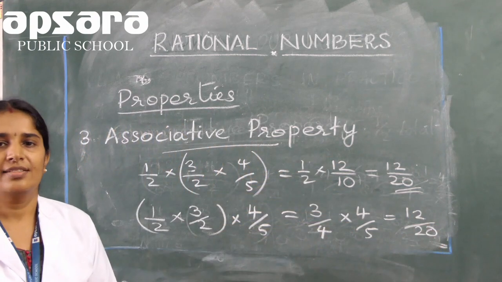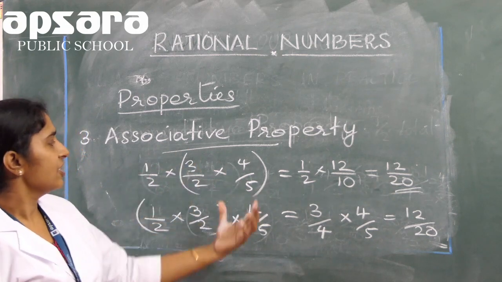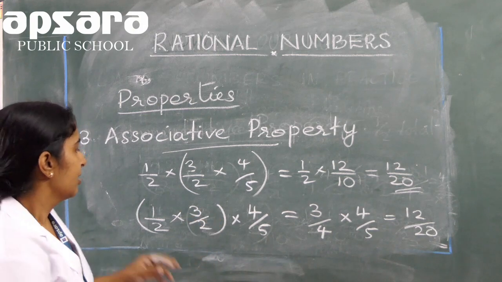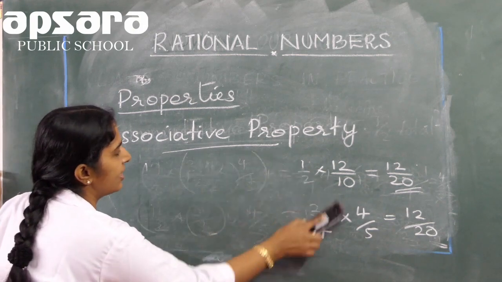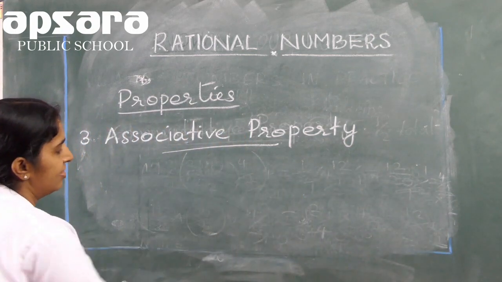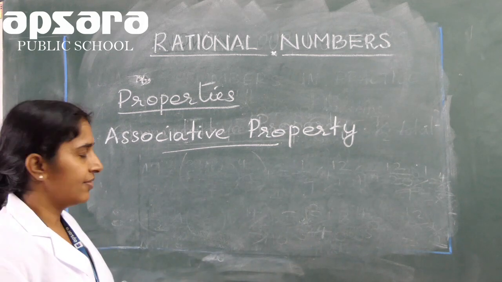Both the answers are the same, equal. Right? So multiplication of rational numbers is also associative. Multiplication is associative, addition is also associative, whereas subtraction and division are not associative.